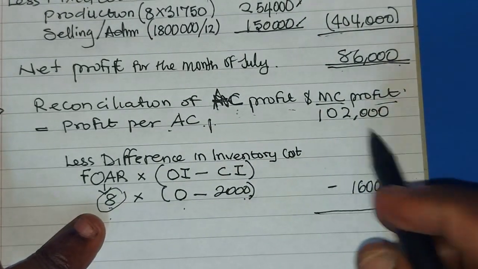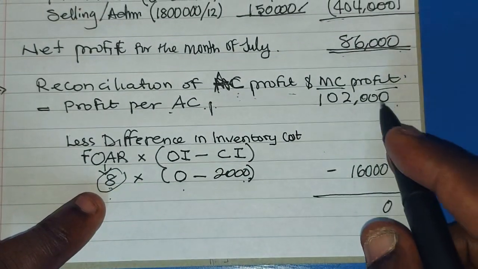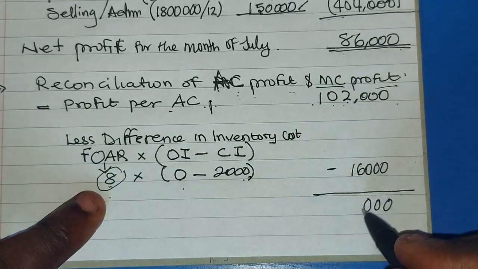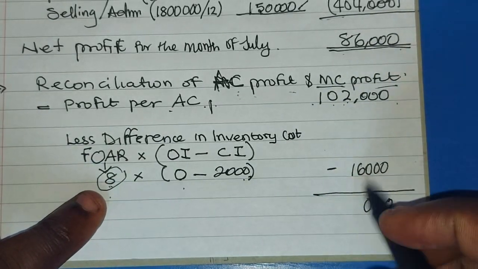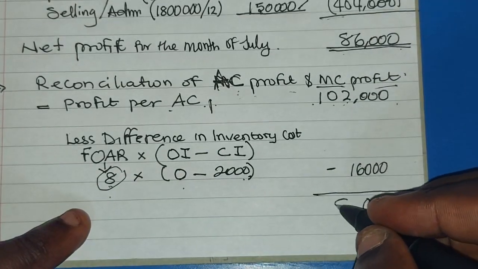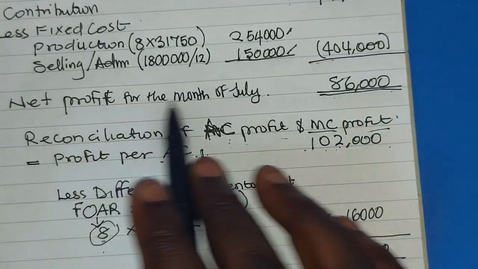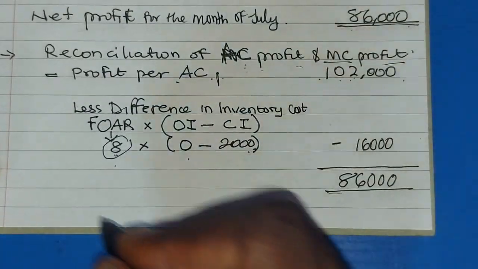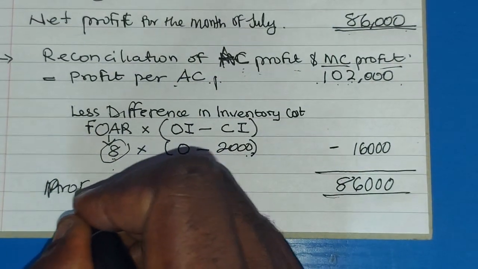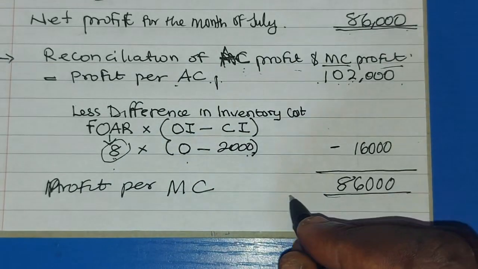So when you subtract 16,000 from here, what do you have? It will give you 86,000, which is profit of the marginal costing. So this one will now give you profit per marginal costing principle.